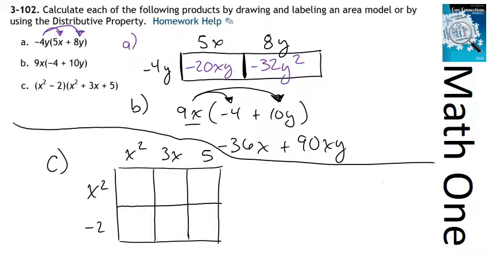So as I look at it, there's 6 different products I have to find, and then I can combine like terms and write it down. And just for instance, we'll look at just 2 of them. One of them we'll look at is what we get when we multiply the 3x and the -2. We would write -6 times x. That's part of our answer. And also, if I multiply x squared times x squared, there's 2 factors of x, x times x, and then 2 more factors of x, x times x.